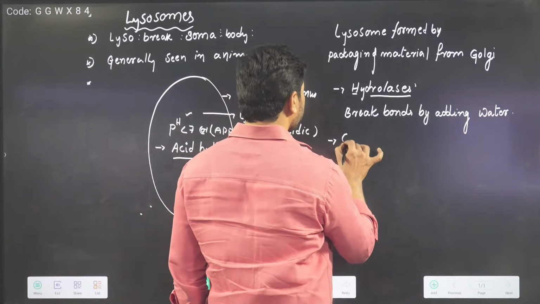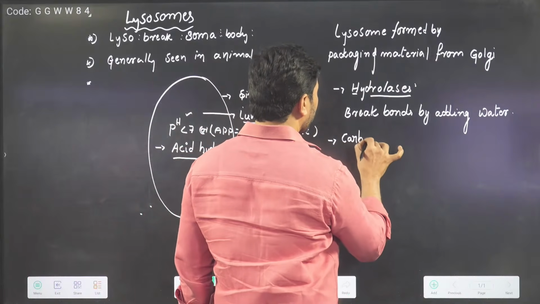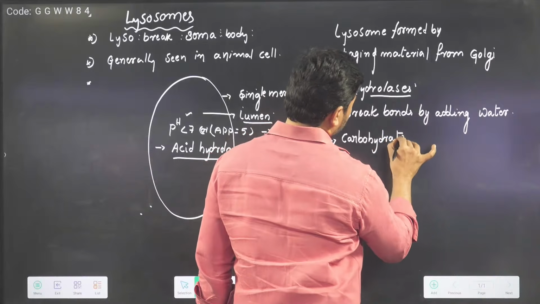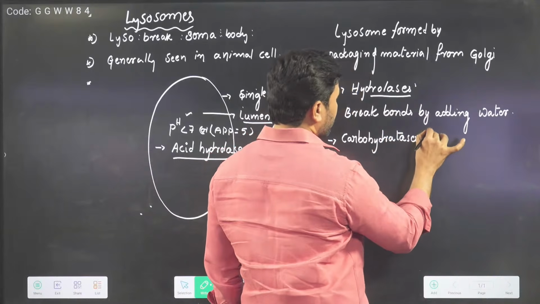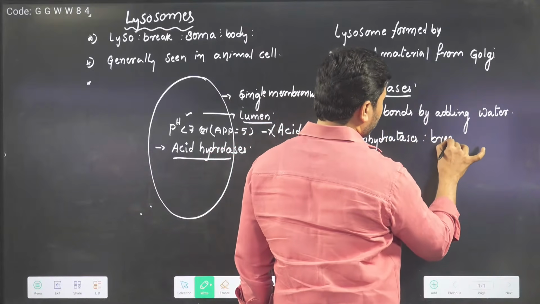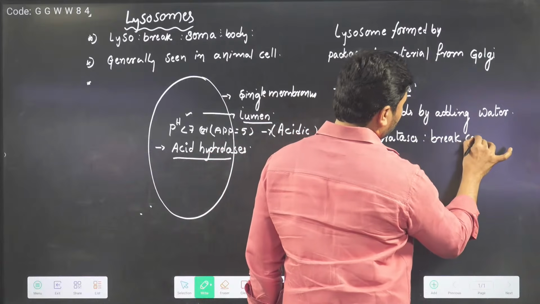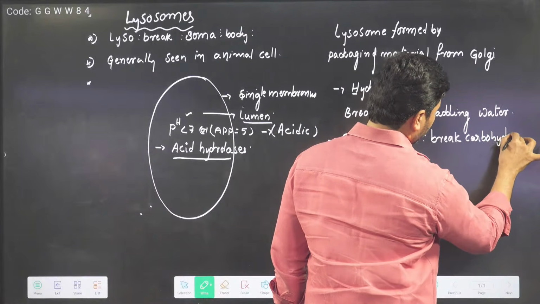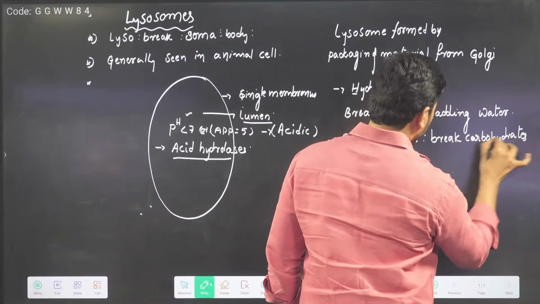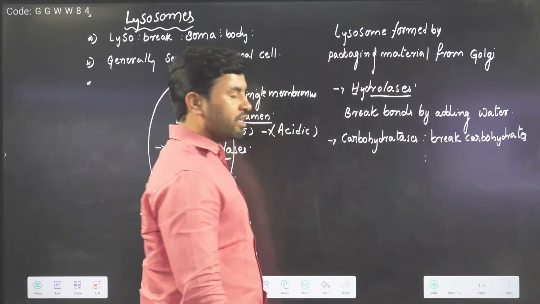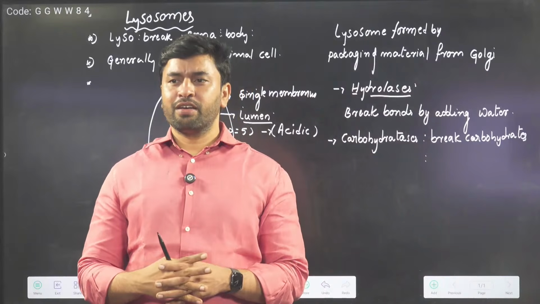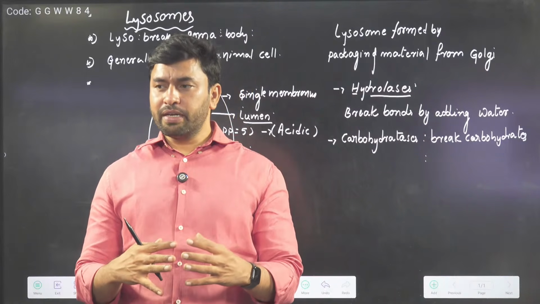For example, carbohydratases. What do they do? They break or digest carbohydrates. I would like to ask a question to you. What type of chemical bonds are present in carbohydrates? In between two monosaccharides, what bond are you expecting?